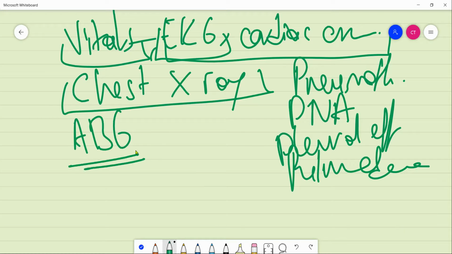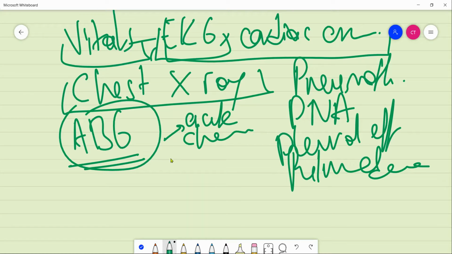This is really important in COPD patients because arterial blood gas can show us if the patient is in acute or chronic respiratory acidosis.